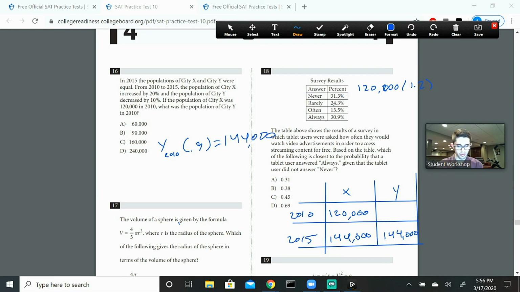So you can use your calculator and divide 144,000 by 0.9. If you divide it by 0.9 and multiply it by 9/10, so divided by 9, multiply by 10, you're going to end up getting 160,000.